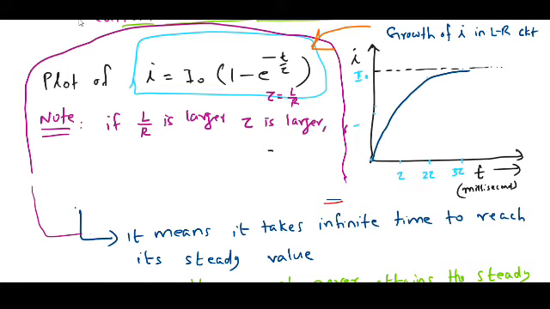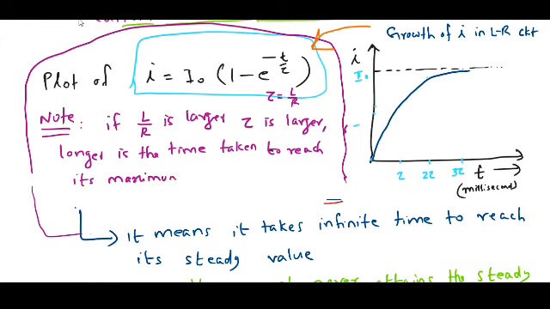If tau is larger, longer is the time taken to reach its maximum value. This is all about the growth of the current in an LR circuit. Okay, thank you very much.